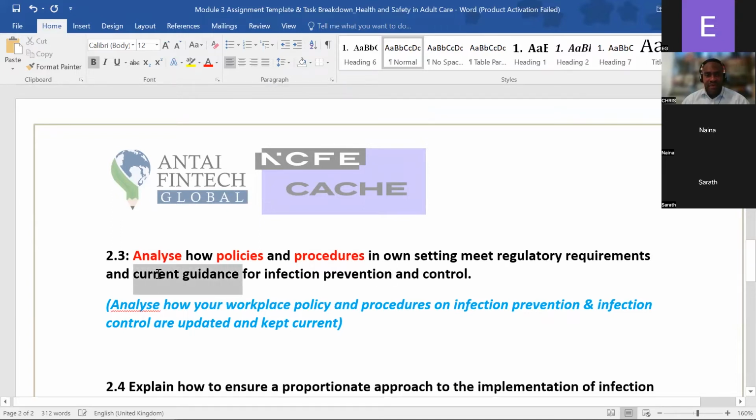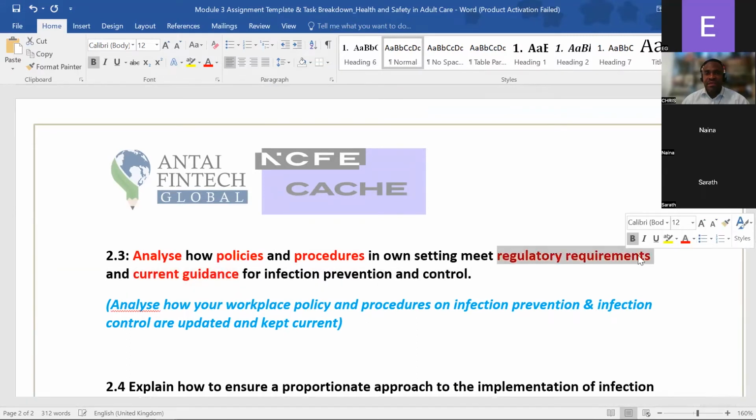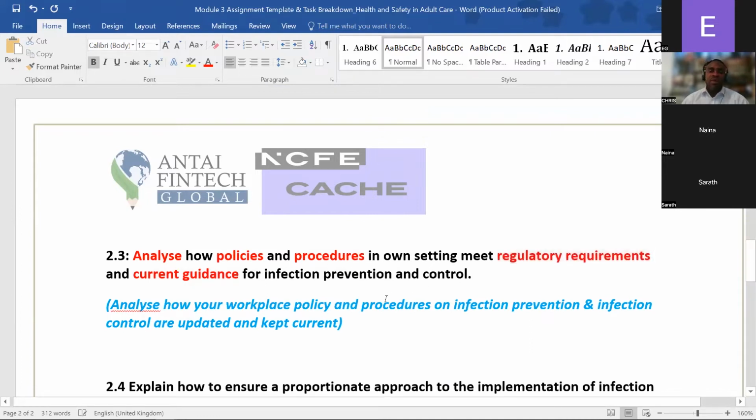This is very important. Regulatory requirements and current guidance for infection prevention and control. What this question simply means is this. First thing, we need to remember that we are doing an analysis. What are we analyzing? How the policies and the procedures in the place that I work meet the government requirements and current guidance.